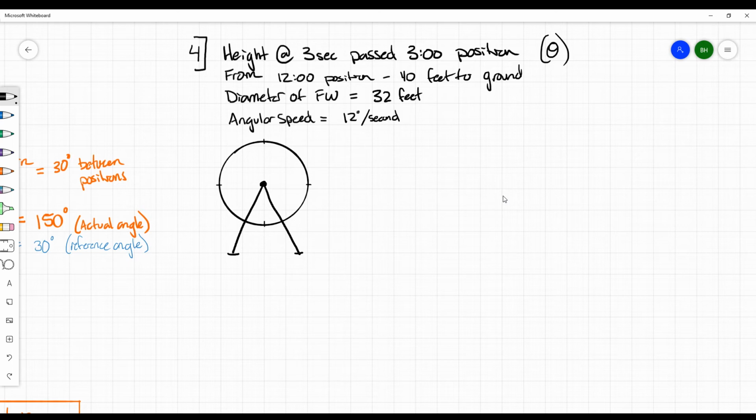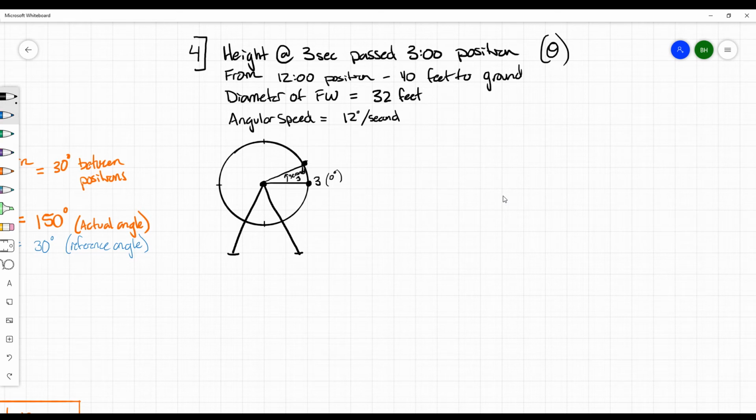We're going to need to know the 3 o'clock position, which we've already referred to as 0 degrees. It's our reference angle, kind of like our starting point. And then we want 3 seconds past. So we don't know where that's going to be yet. So I'm just going to say here, and then this distance is going to be 3 seconds, and we want to know what this value is. So we'll find that in just a moment.